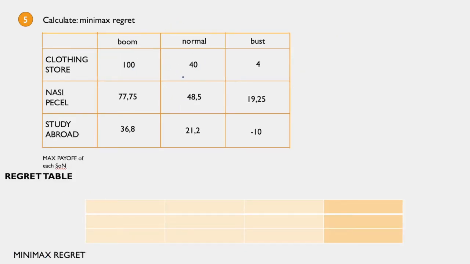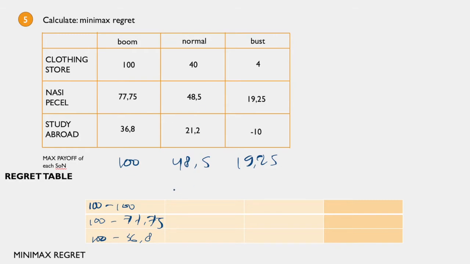Next, minimax regret. So from this payoff matrix, first we have to look for the maximum payoff of each state of nature. So on boom, the maximum payoff is 100. On normal, the maximum payoff is 48.5, and on bust it is 19.25. These three will be our anchor in making our regret table. So this one will be 100 minus 100, 100 minus 77.75, 100 minus 36.8.